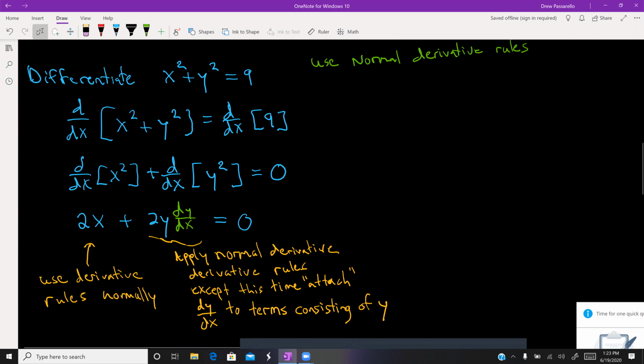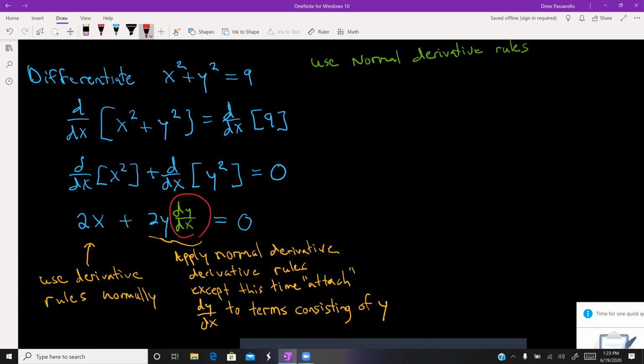The only added difference is that now I attach this operator called dy/dx. I do that any time I take the derivative of some expression, and that expression involves the variable y.